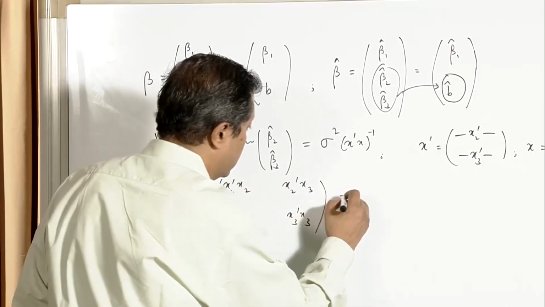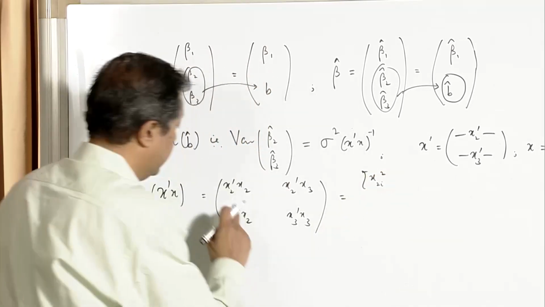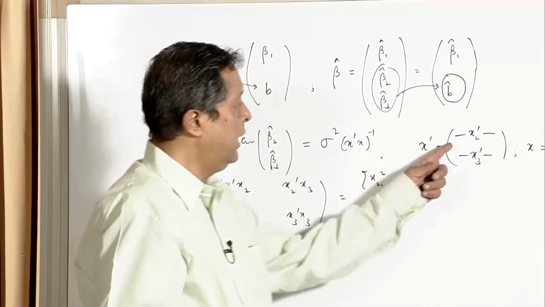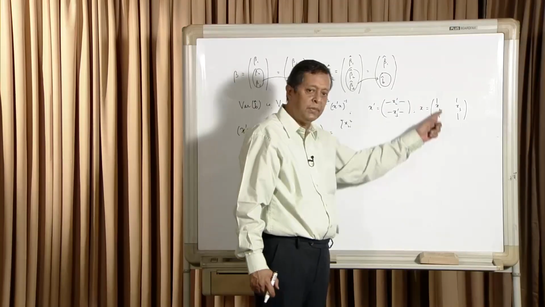The first is equal to summation x2i square, because x2 prime is the entire row of observations on x2 and this is the same thing in column form.